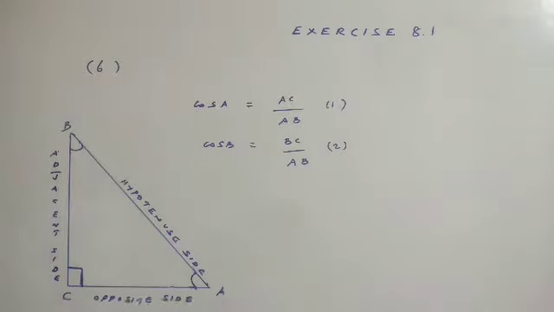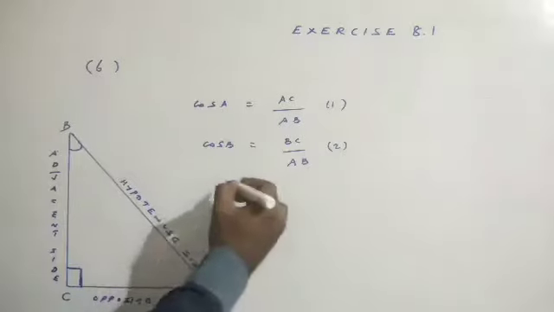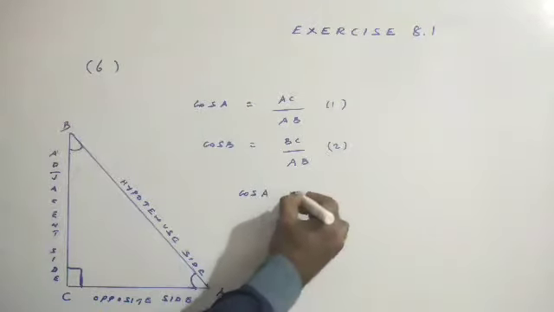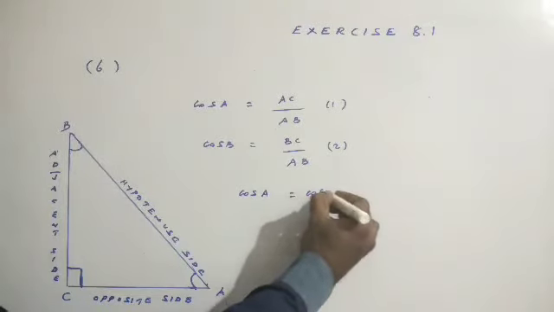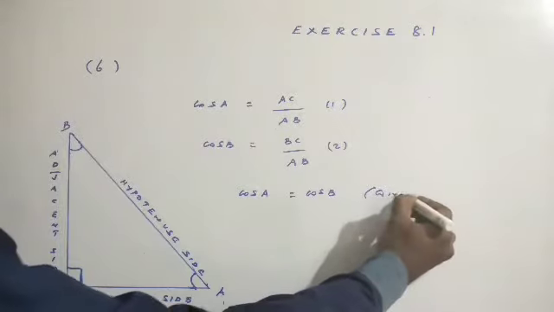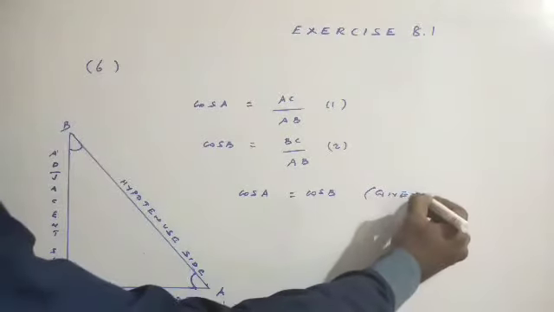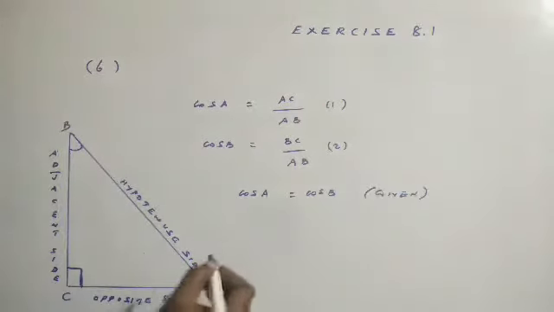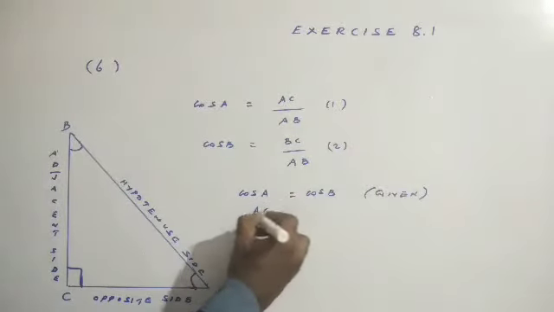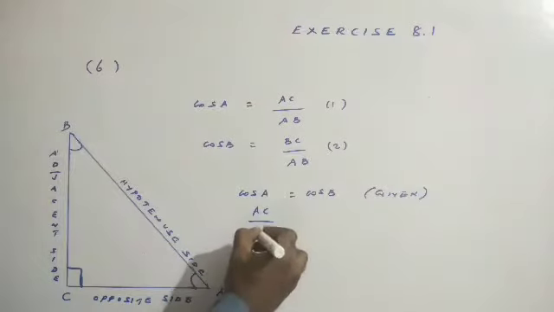Now we have to prove that angle A equal to angle B. They mentioned cos A equal to cos B. Given. Now for cos A, AC by AB.